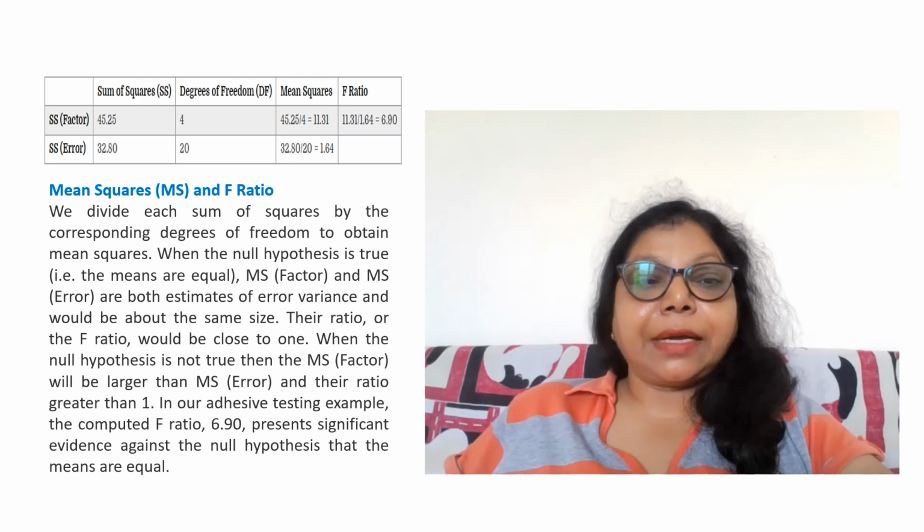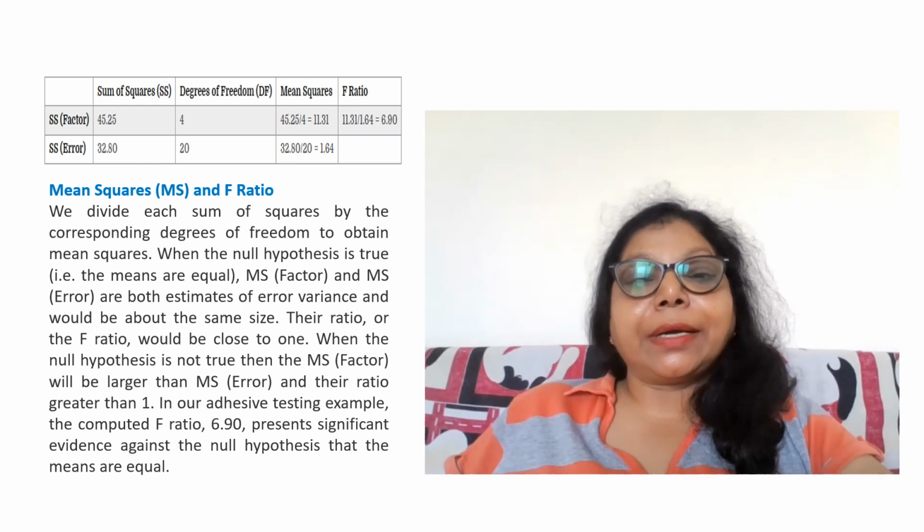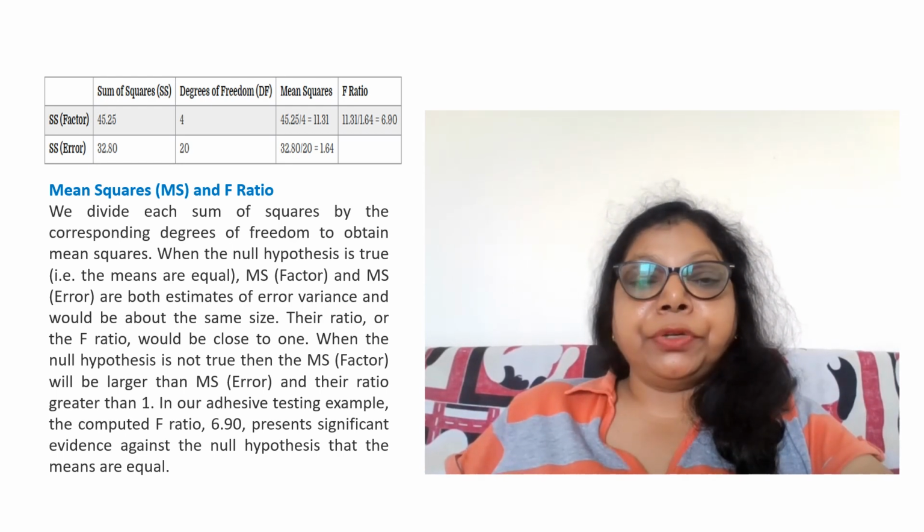Now let's understand mean squares and the F ratio. We divide each sum of squares by the corresponding degrees of freedom to obtain mean squares. When the null hypothesis is true, that is the means are equal, the MS of the factor and the MS of the error are both estimates of error variance and would be about the same size.